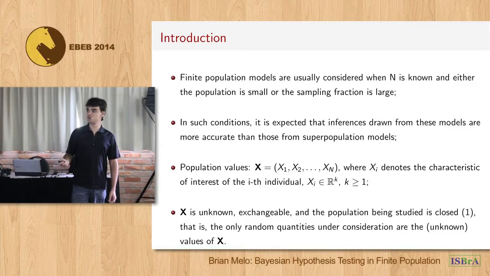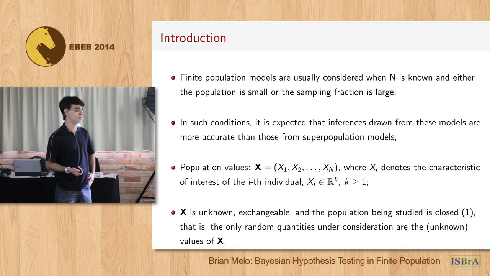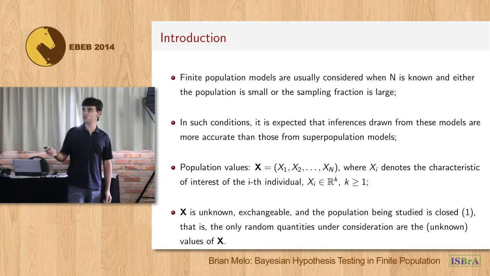In these conditions, we expect that the inferences are more precise than from the use of superpopulation models, because we have more information. When we add the value of the population size, we are bringing more information to our model, so the inferences are more precise.